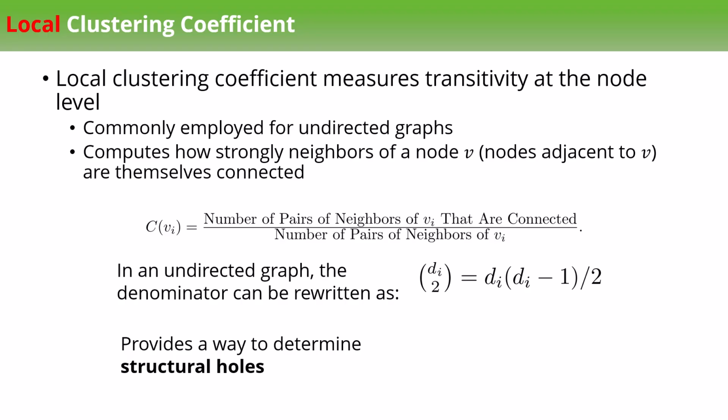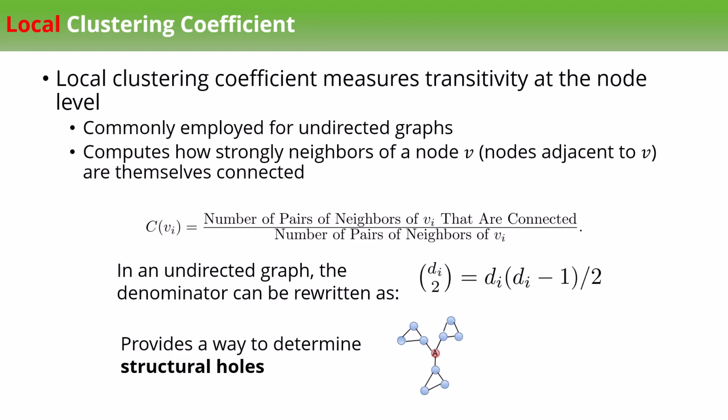Suppose we select node A. A has several neighbors. We ignore the rest of the network and look only at those neighbors. Then we ask, are A's neighbors connected to each other? If many of them are connected, A has a high local clustering coefficient. If very few are connected, A has a low local clustering coefficient.